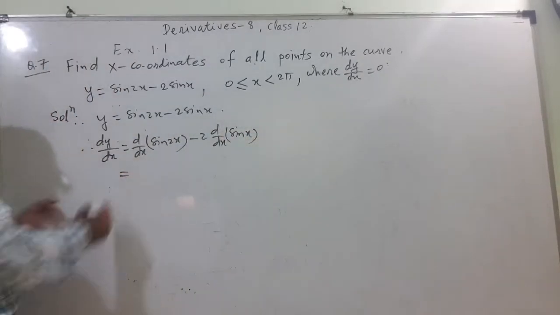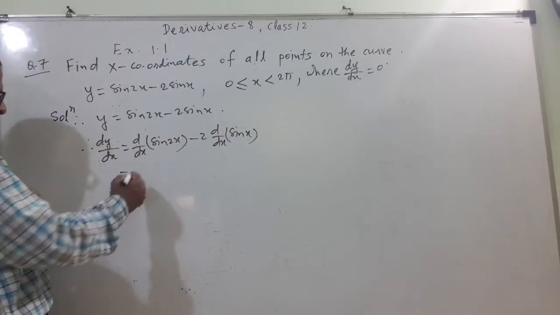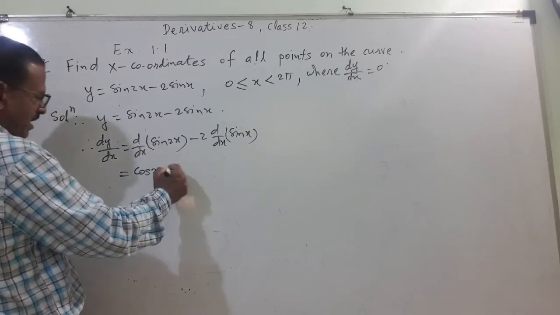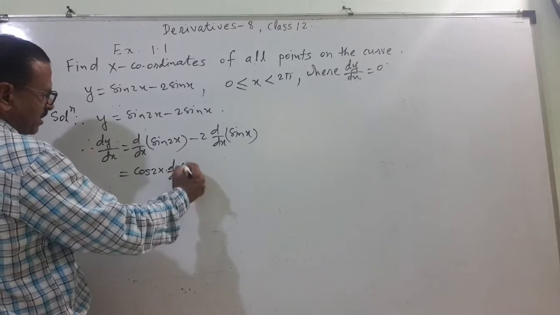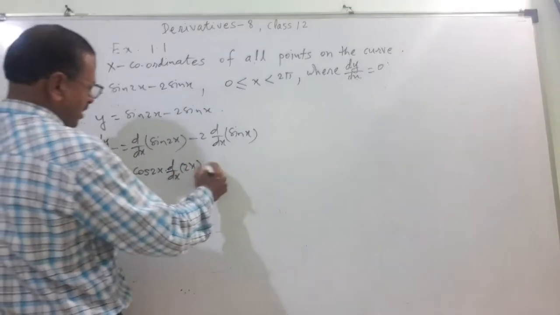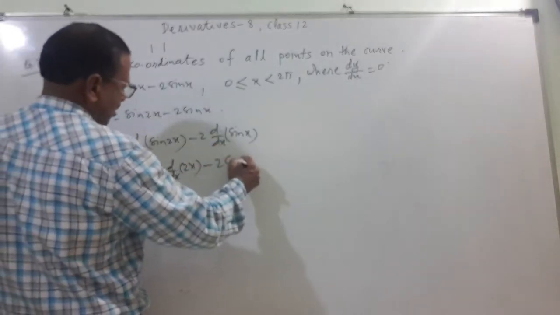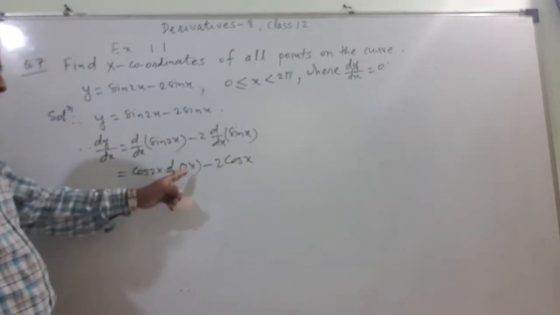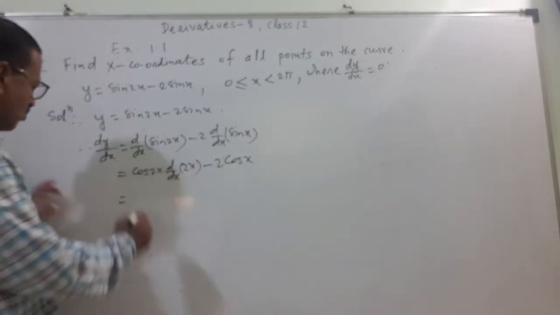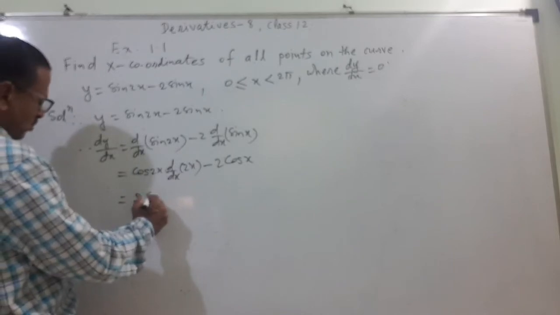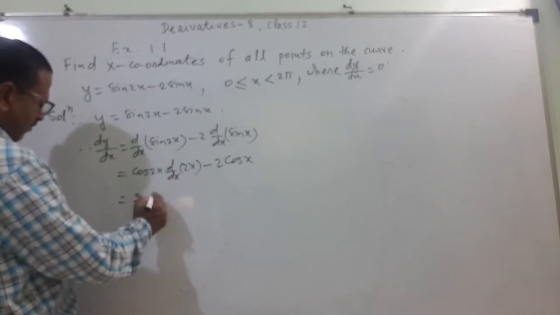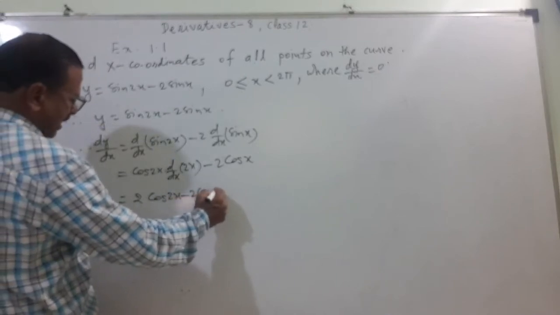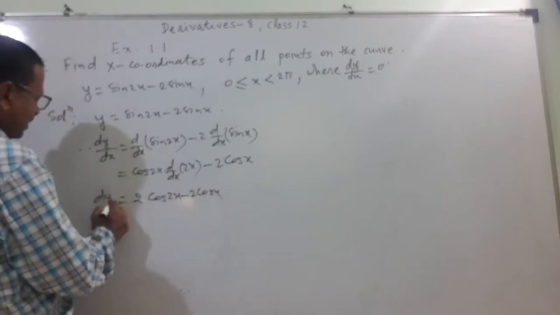The derivative of sine is cos, so cos of 2x, and since the angle is 2x, I will also take the derivative of 2x. Derivative of 2x is 2 into 1, so 2 cos 2x minus 2 cos x.